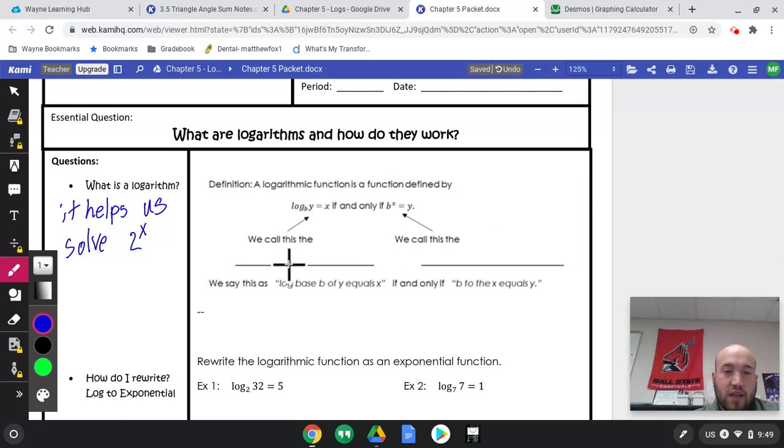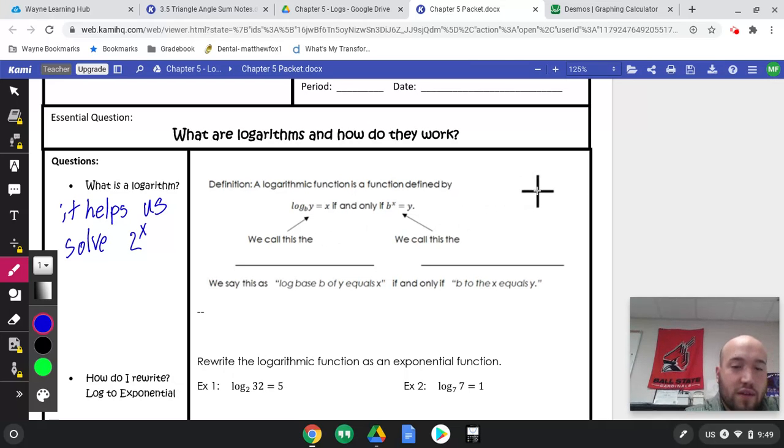And a logarithmic function, the way we would read this, is log base b of y equals x, and that's true if and only if b to the x equals y. These two forms are related to each other. They're just two different ways to write it.